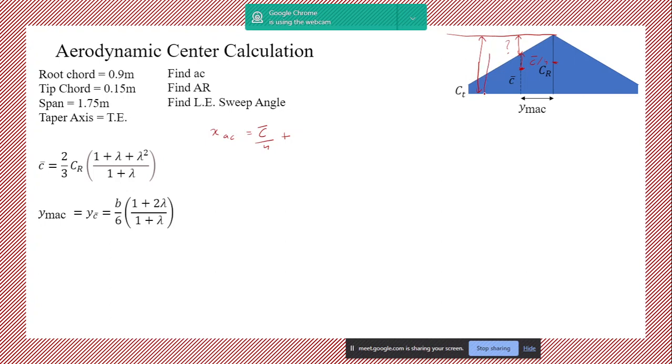And short length is C bar. This is CR and this is C bar. It's just CR minus C bar. Yes? Is it? Yes, yes. Tell me.